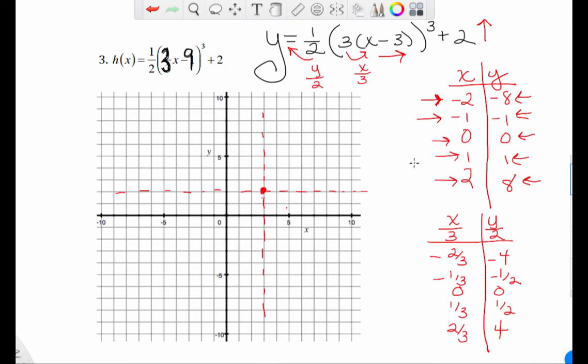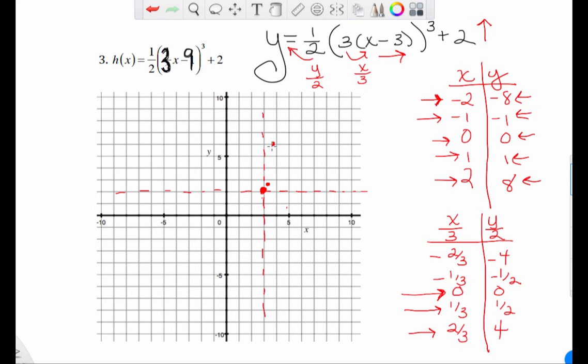First I start with 0, 0, which is already plotted when we move over 3 up 2. And then I'm going to start on the right side. So instead of going over 1 up 1, I'm going to go over a third and then up a half. And instead of going over 2 up 8, I'm going to go over 2/3 up 4. So estimate 2/3 and count up 4.